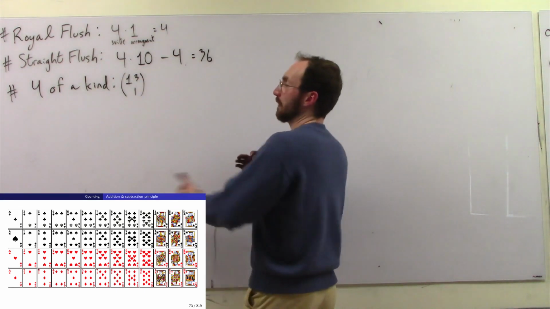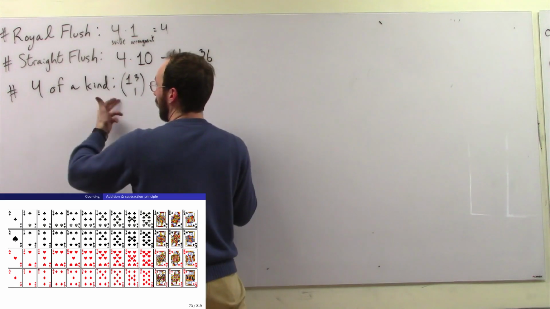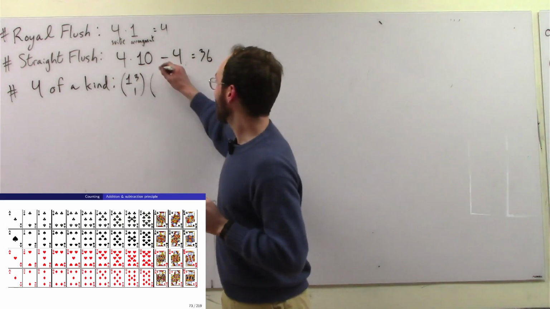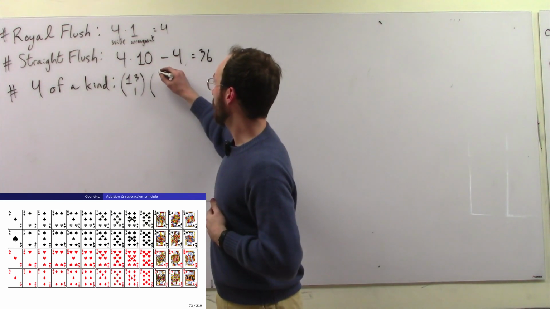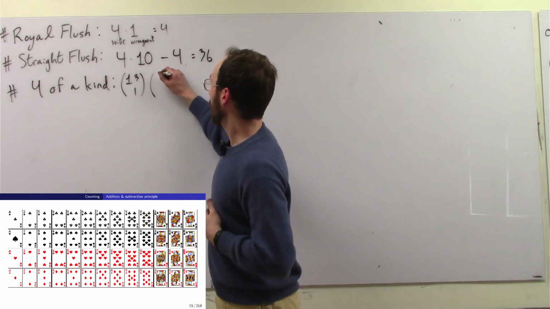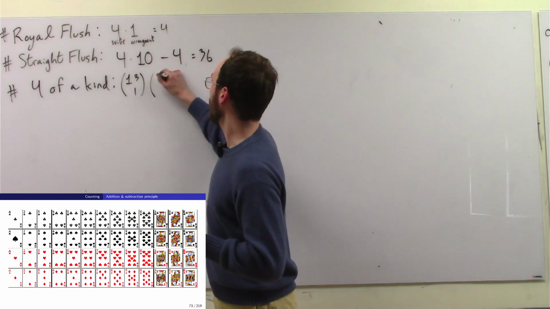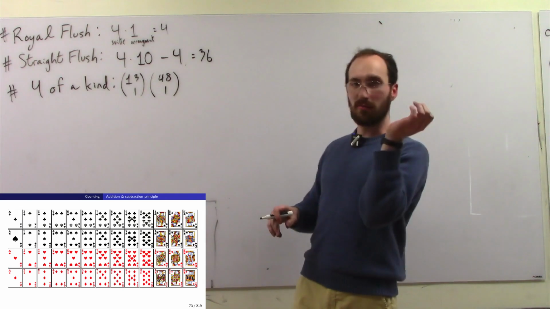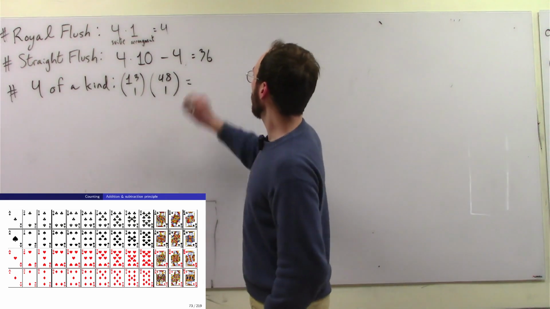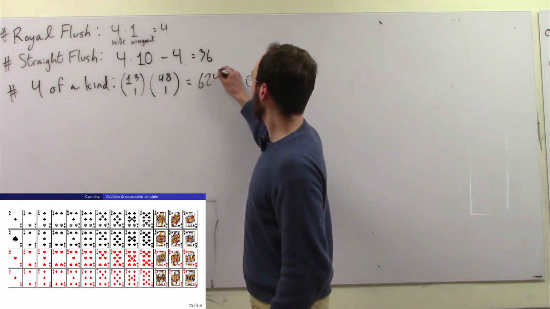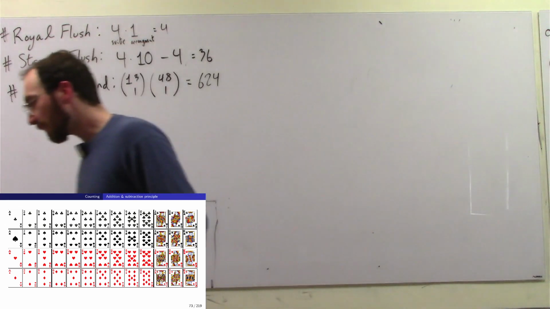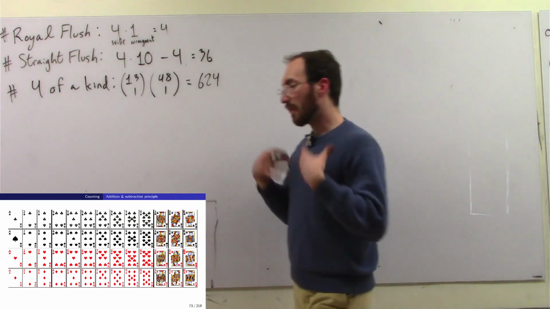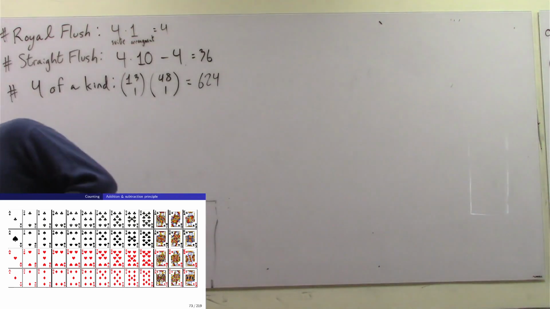Luckily, we already got all of our cards of a certain rank, so there are 48 left, and we're just going to choose one card from that. This is 624. Yes, which as we continue, we will get increasingly larger, which is nice.